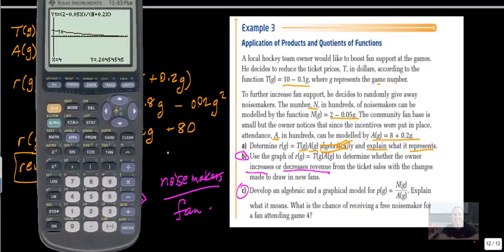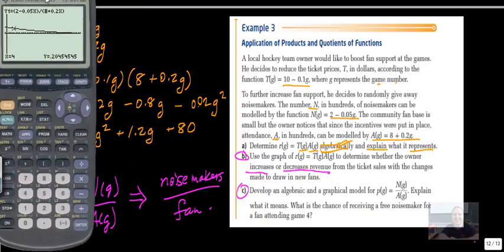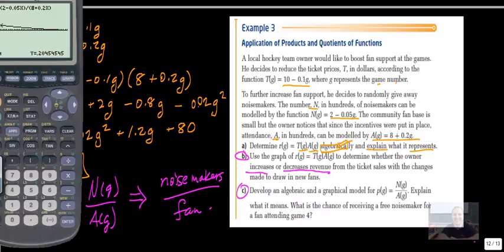So the chance of getting a noisemaker is pretty good. 20 out of 100, or a percentage of 20. What did I say? 20 noisemakers per fan? Not really. No. This function is noisemakers per attendance.